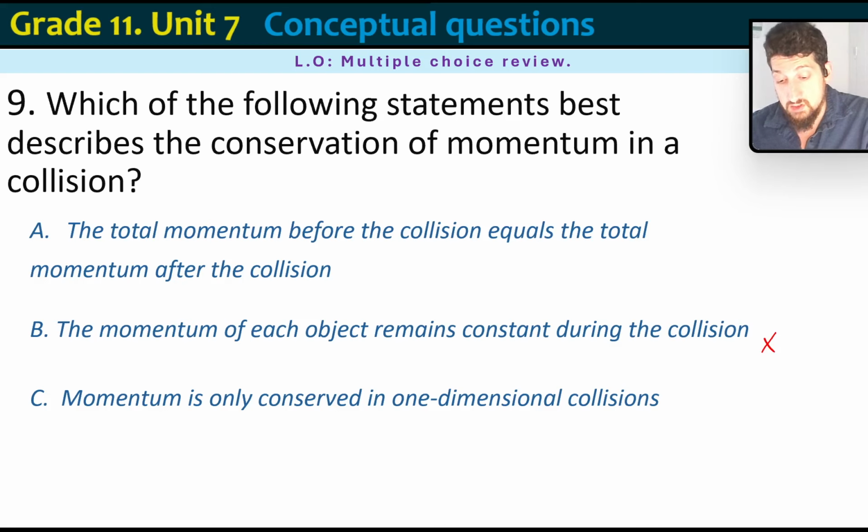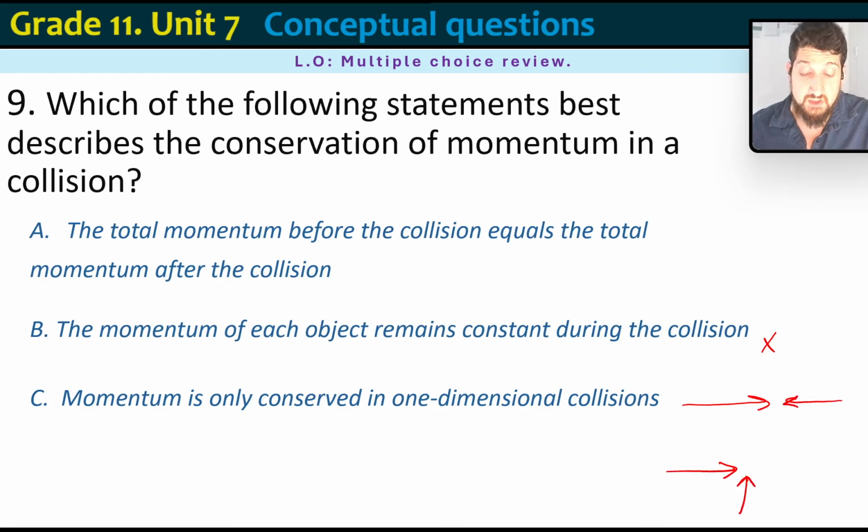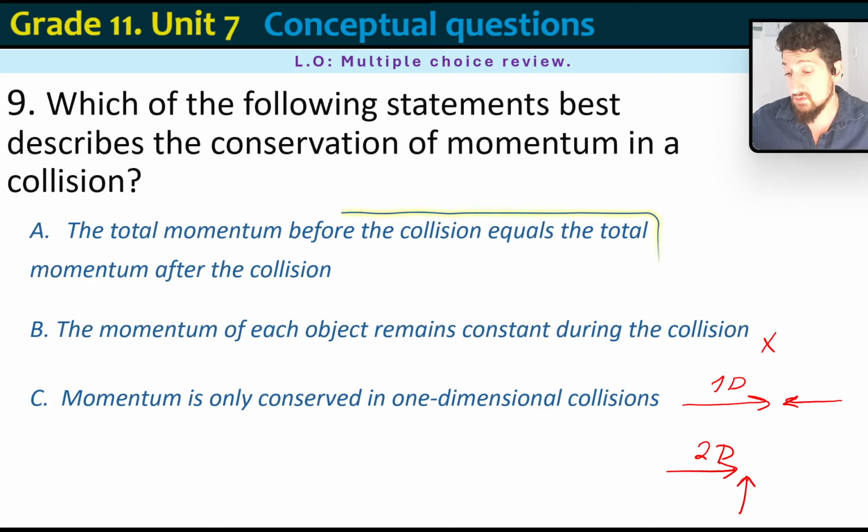No. So yes, if two objects are hitting each other like that, momentum is conserved. But also if two objects are hitting each other like that, then momentum is also conserved. And this is 2D. This is 1D. This is 2D. So it's always conserved. It doesn't matter whether it's 1D, 2D, or even 3D. It's always going to be conserved. So of course it's the first one.